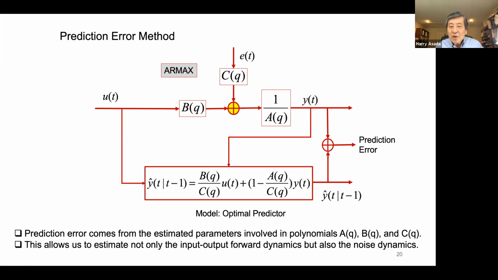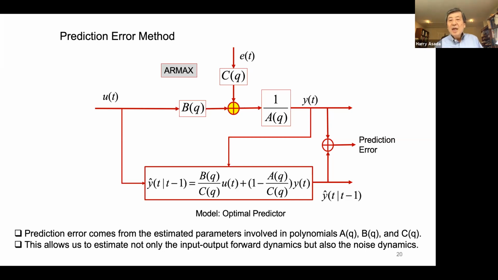If we have the correct parameter values, A and B and C include lots of parameters which we would like to estimate, then the prediction error is ET, which is just the garbage information.